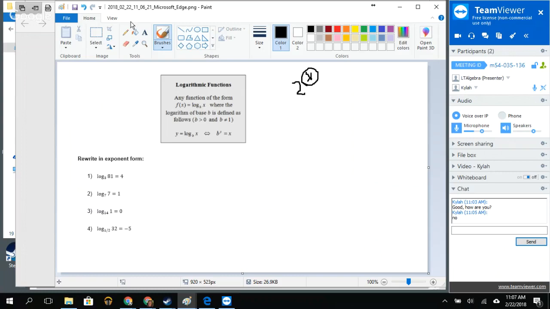So they do have some helpfulness. You can see on your paper there's a definition here. The logarithmic functions and exponential functions can go back and forth to each other. This is how I was trying to say that we would remember this.